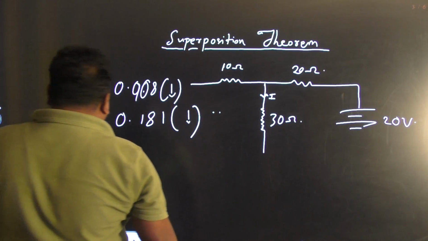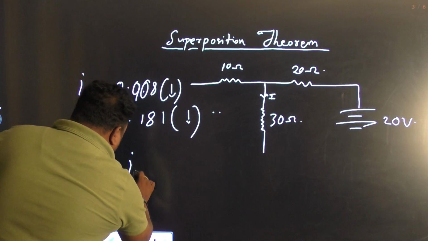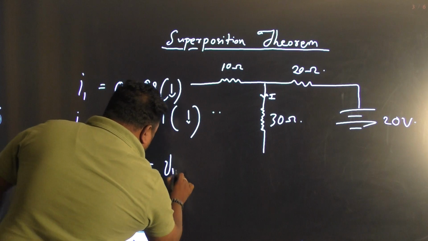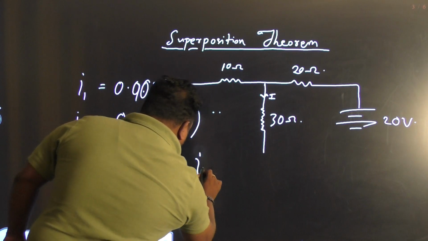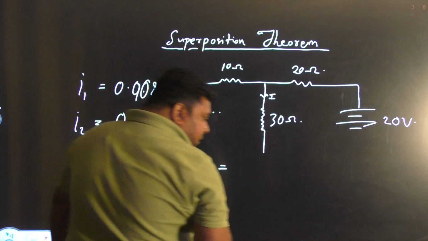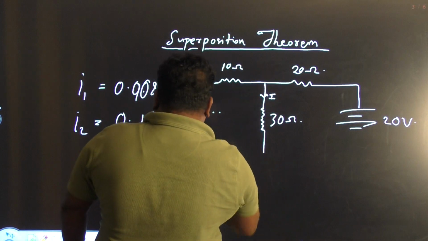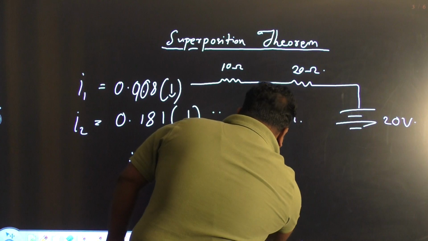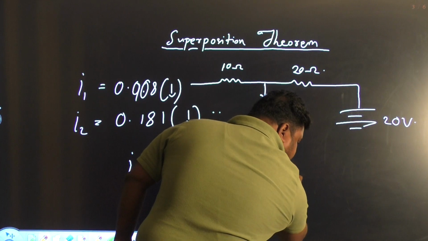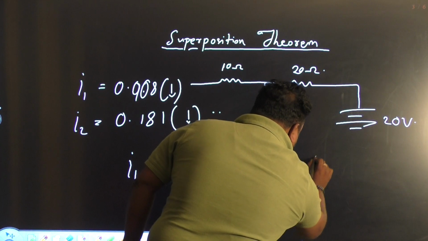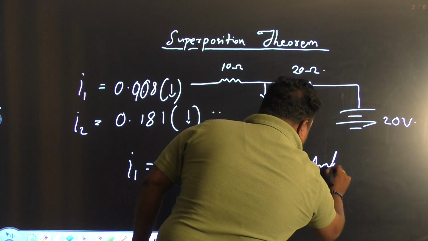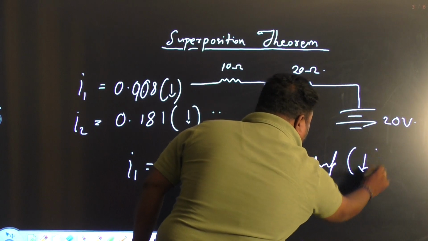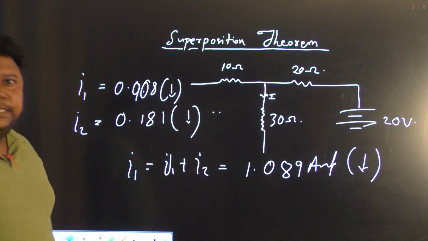So you have to add the values: I is equal to I1 plus I2, that is 0.908 plus 0.181, you are getting the value 1.089 ampere downward. This is my final answer.